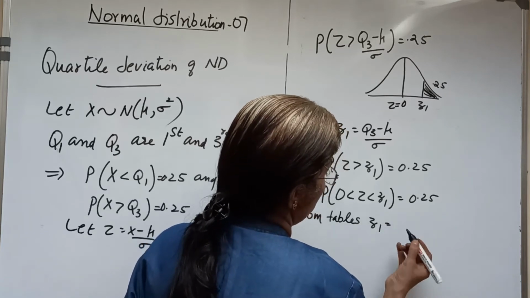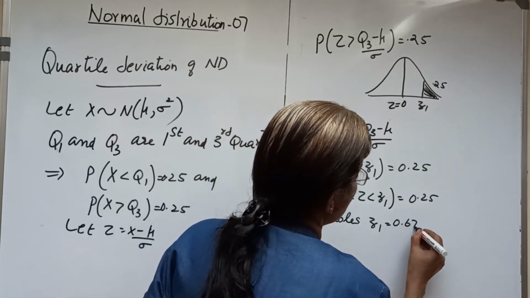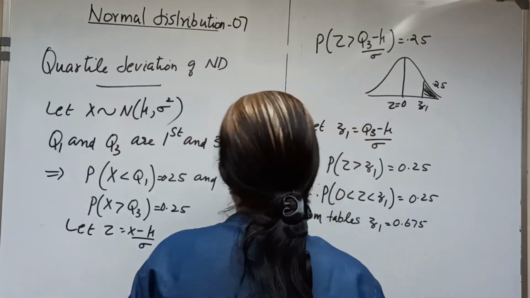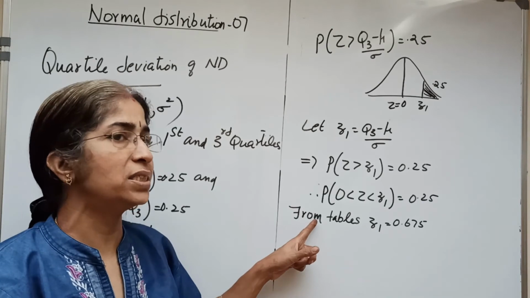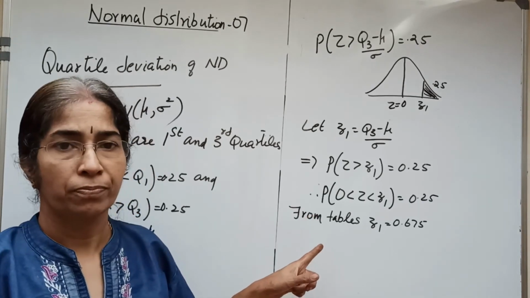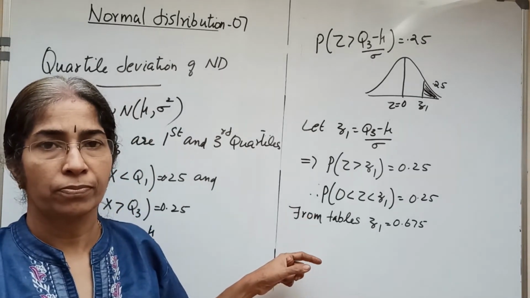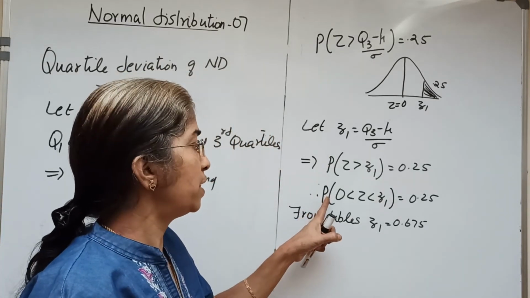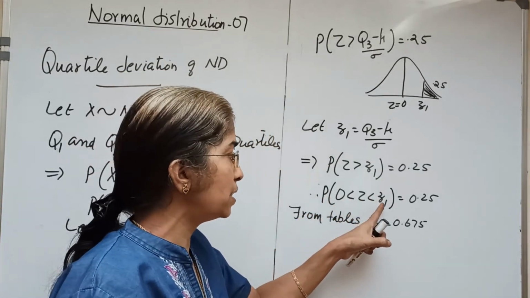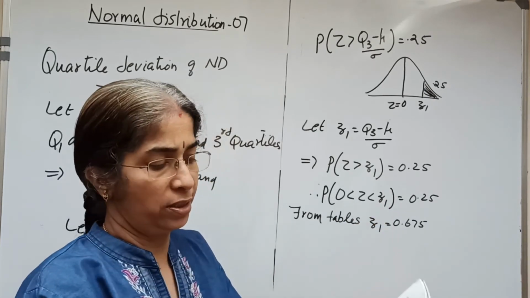It is obtained as 0.675. From tables, z1 equal to 0.675. That is this probability 0 less than z less than z1 equal to 0.25.